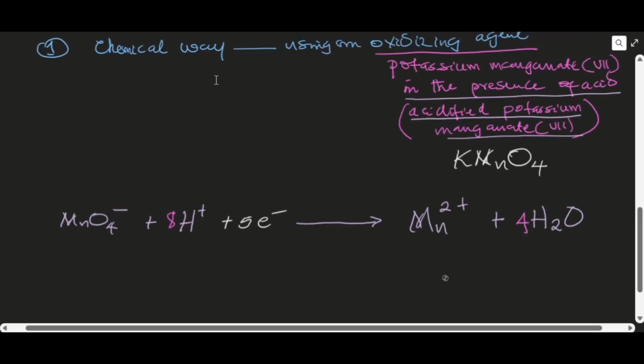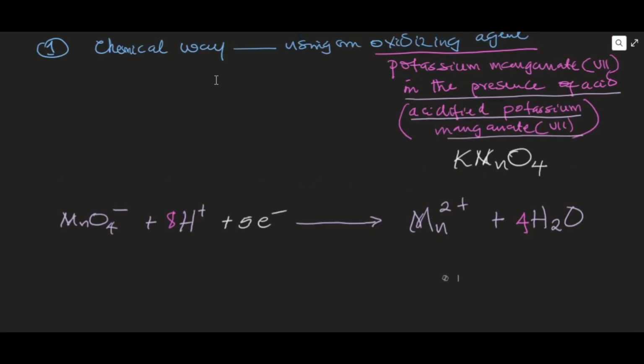Potassium manganate(VII) will act as the oxidizing agent, and ethanol will act as the reducing agent. The IGCSE wants you to show the equation of the reduction of manganese 7 ion into manganese 2 ion. And then there is also a color change in that reaction as well. They want you to show the color change as well.